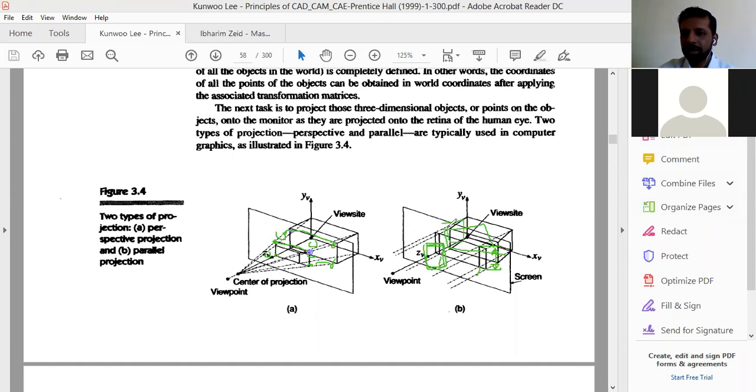Whatever portion of the model we have chosen, only that portion will be put onto the screen and adjusted onto the viewing coordinates. Whatever the size of the screen, it will fit equally in that screen space. Yes, so this is all about the perspective projection and the orthographic projection that we have.